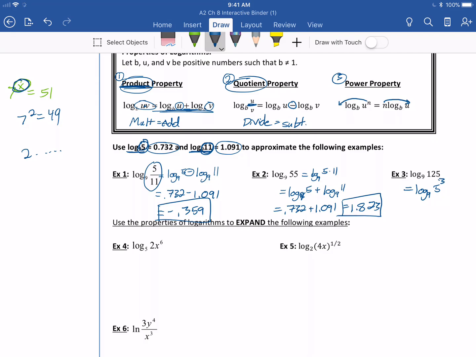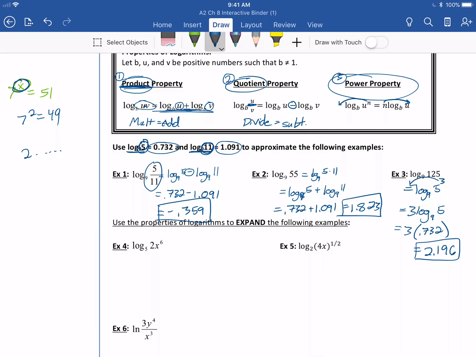And I know that this cube can come out in front by this power property right here. So now I have 3 times the log base 9 of 5. So this is just 3 times 0.732, which is 2.196. Bam.